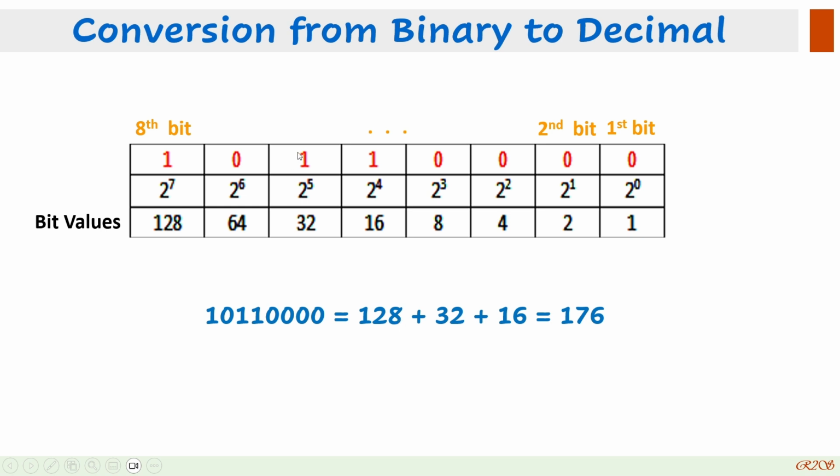Another one, the decimal value is 32. And another one, the decimal value is 16. If we add all these three decimal values, we get 176. So the binary to decimal conversion of 10110000 is 176.